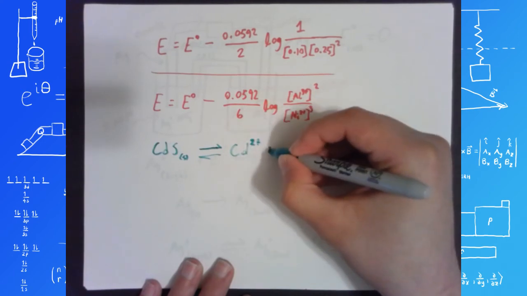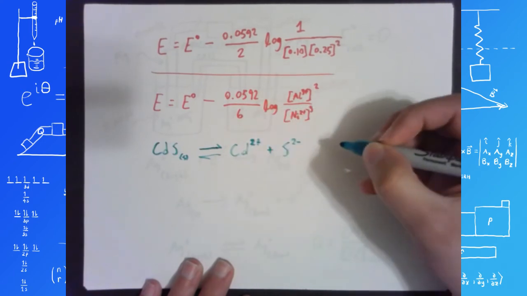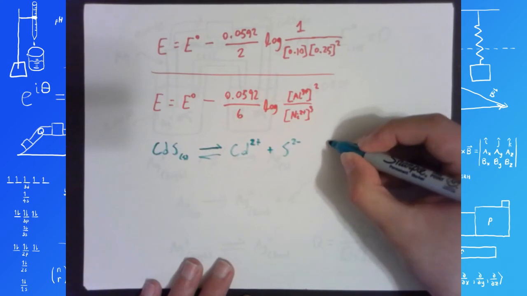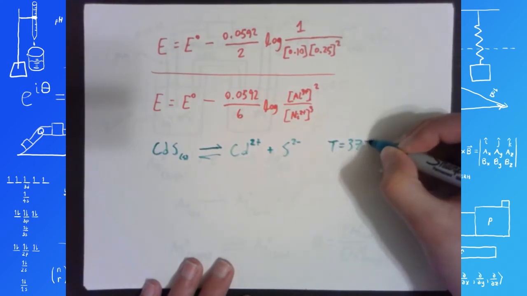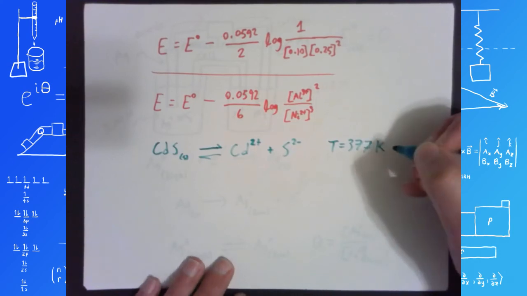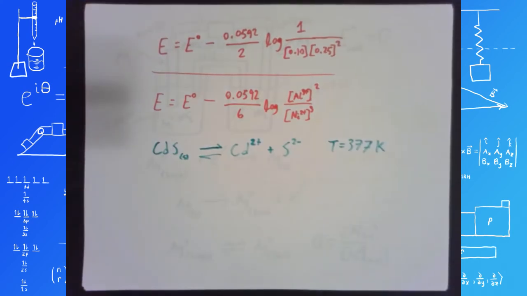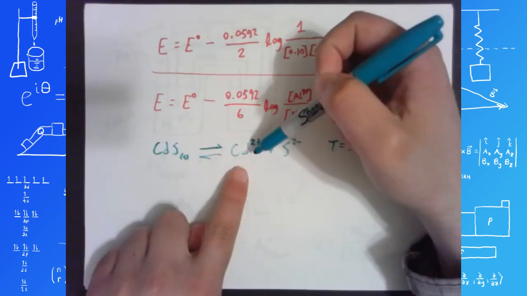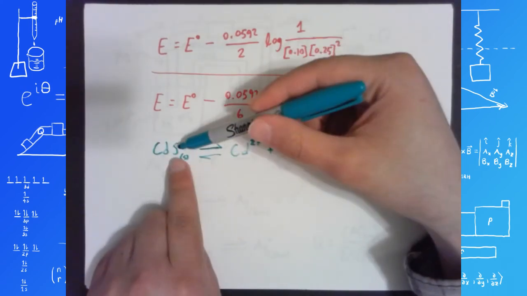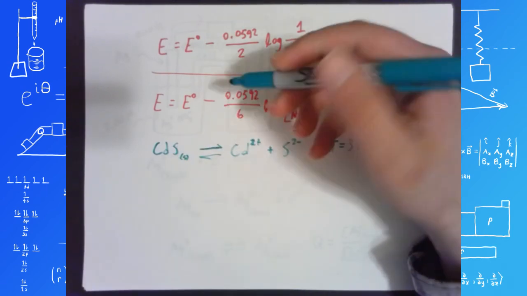and sulfide ion, and they said it was at a temperature of 377 kelvins. So cadmium going from 0 to +2 and sulfur going from 0 to -2.